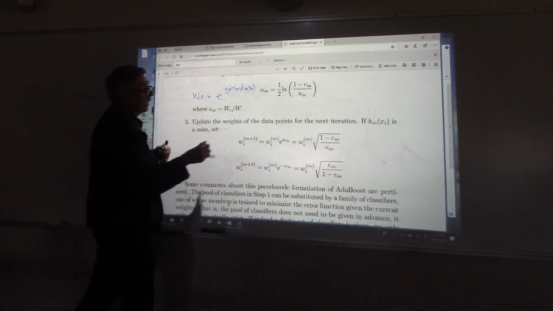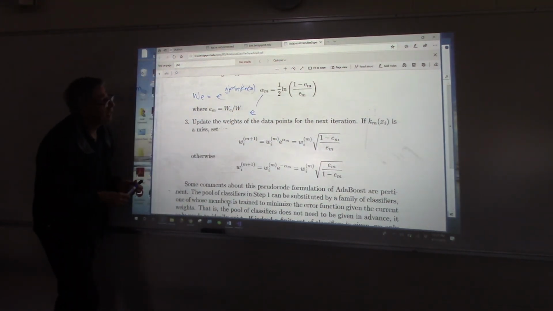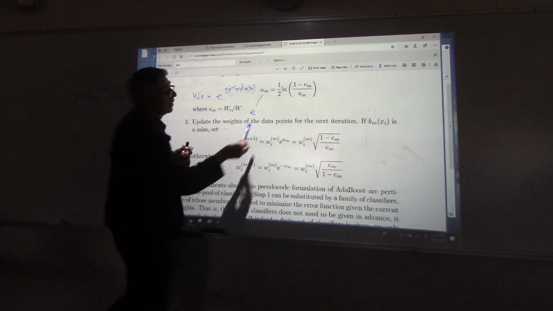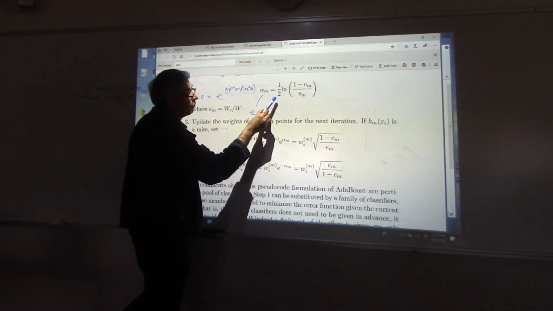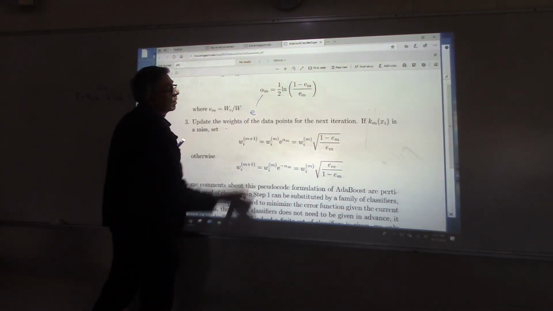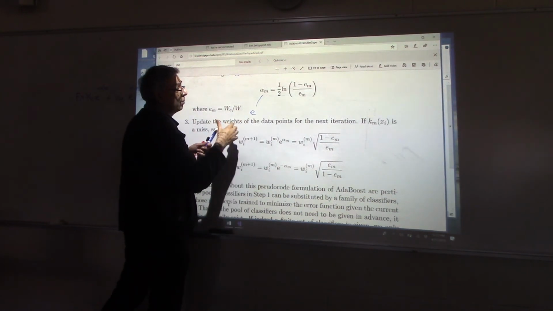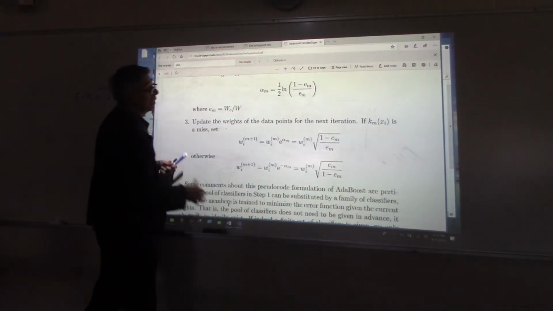If I did e to this, you will see, if you took the exponent of this, what will happen? Let me even give you another way to think about it.